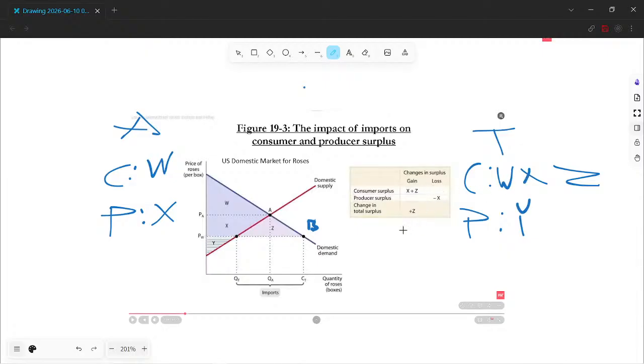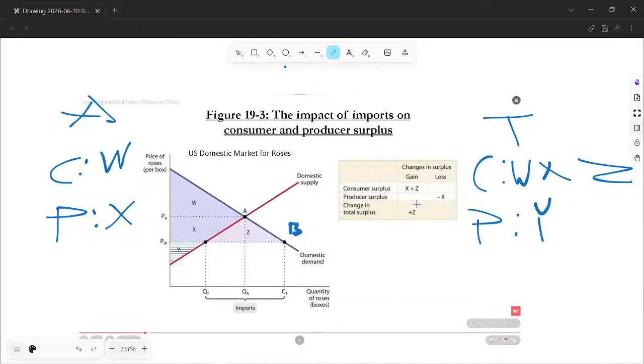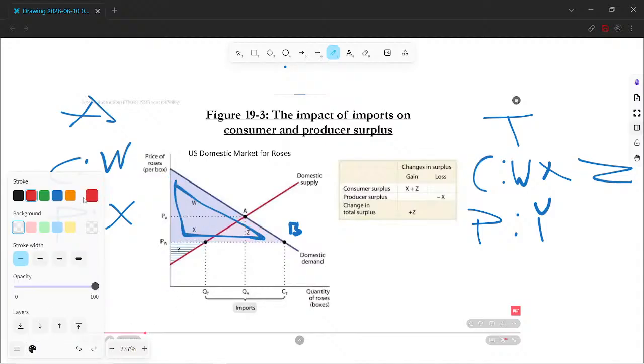So let's see if I'm understanding it correctly. I think that's right, because this is all the producers are making, and the consumers get all of this. Seems right. And so, what does it say?